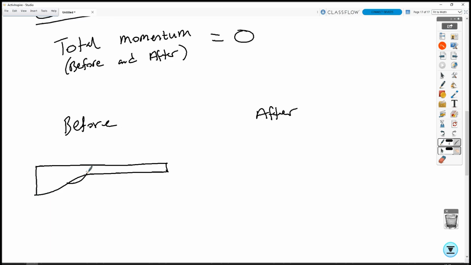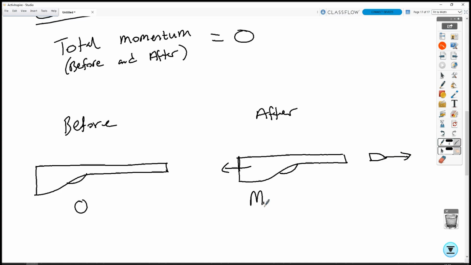Before you shoot a rifle, it has no momentum because the rifle's not moving. After you fired the rifle, the rifle moves backwards, so there's recoil, and the bullet moves forwards.